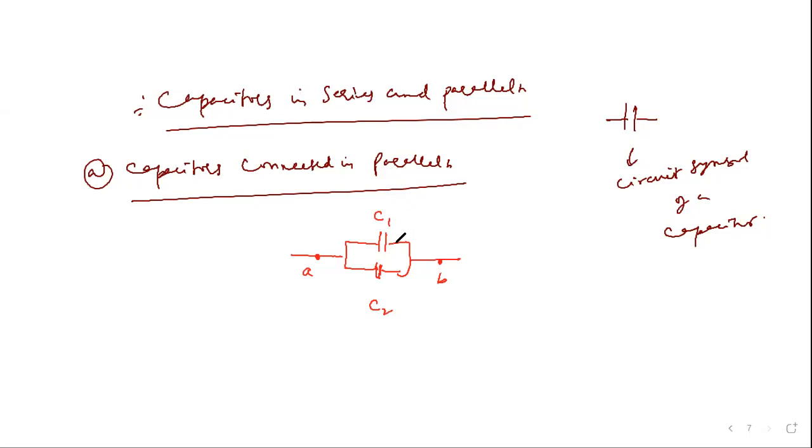If we want to replace these two capacitors by a single capacitor without having any impact on the circuit, that means we want to substitute this combination of capacitors across points A and B, then we use a single capacitor instead of this combination, which we call C equivalent.